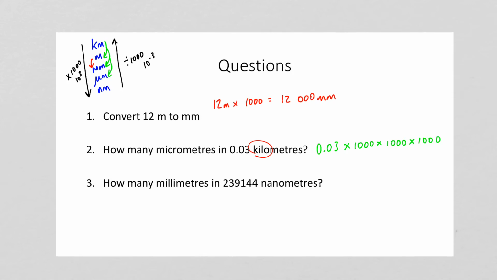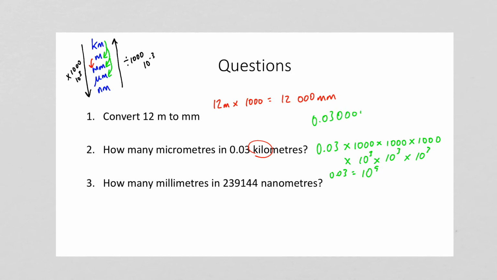Now, another way of writing this is times 10 to the 3 times 10 to the 3 times 10 to the 3, which is going to be times 10 to the 9, which means we're going to move our decimal place 9 times, or 1,000, 1,000, 1,000, to the right.